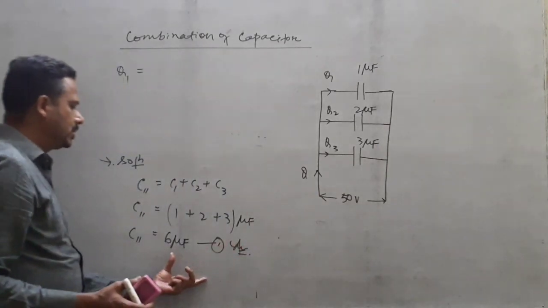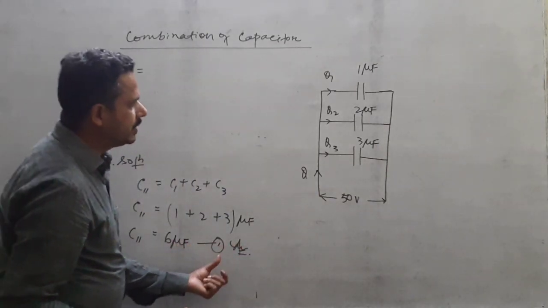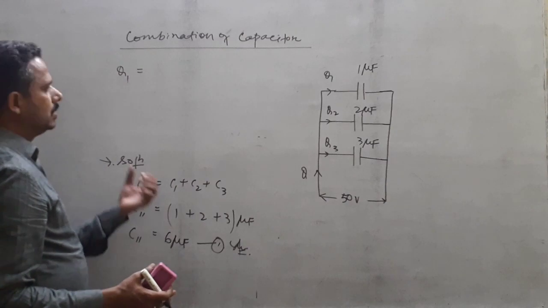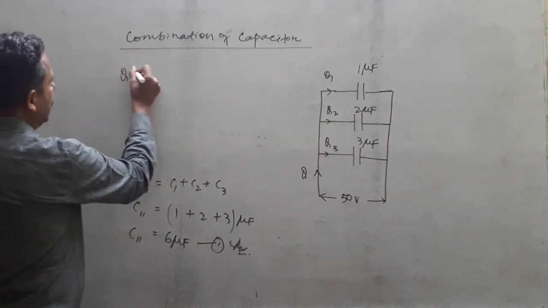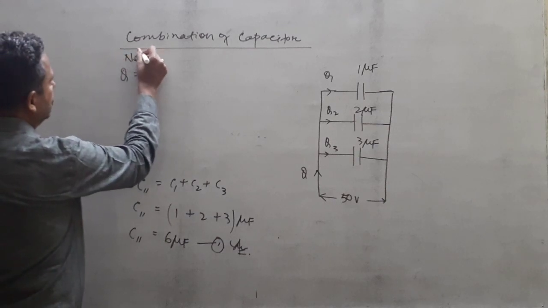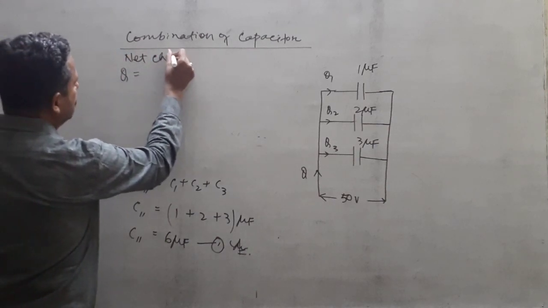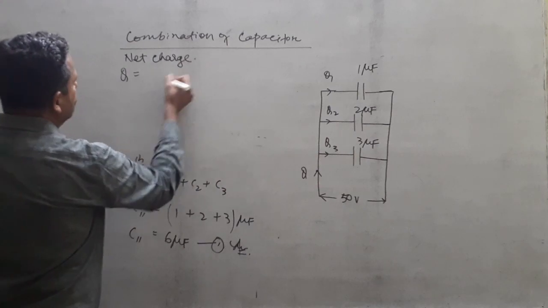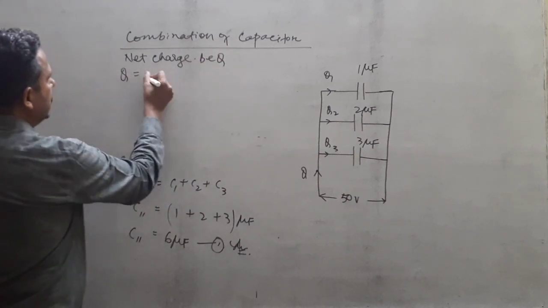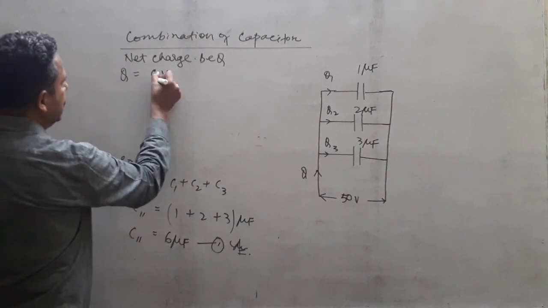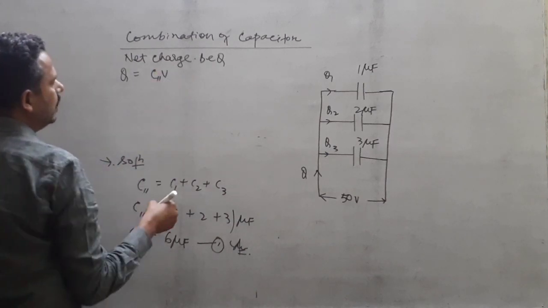You have to get your net charge first. So before that, you just find out the net charge. Let the net charge be Q. Now your Q is equal to CV, where C is C parallel.